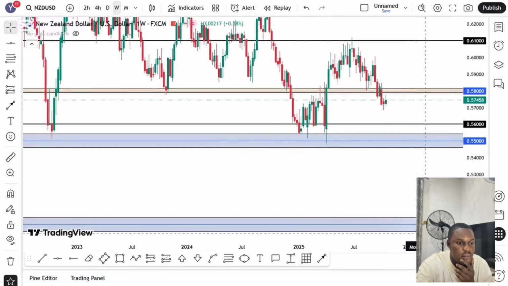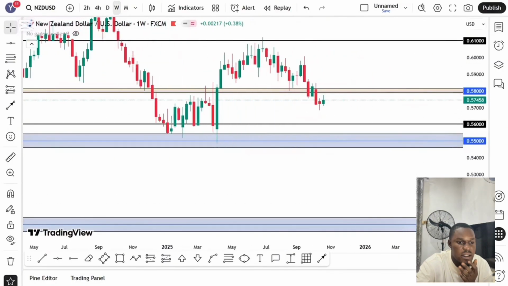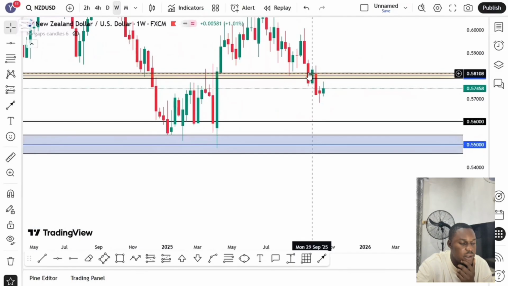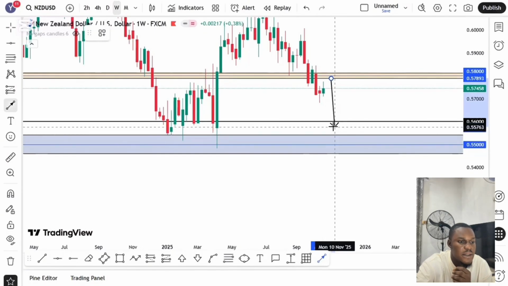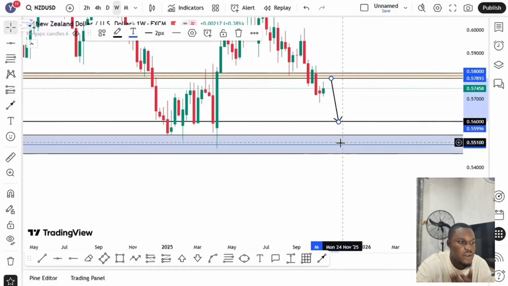As you can see, the market has broken below this minor level. So I expect the market to come and drop to this major level, or at least tap, or at least to this level before the major level.